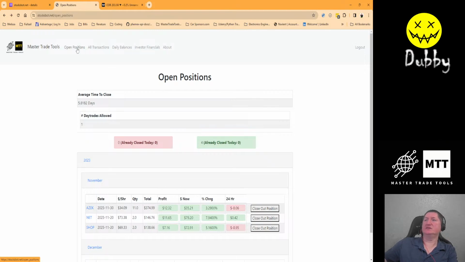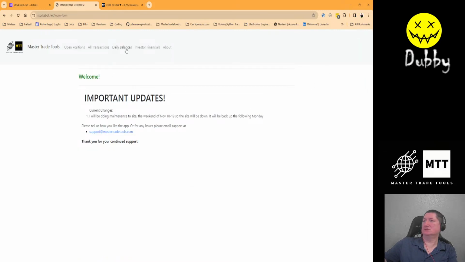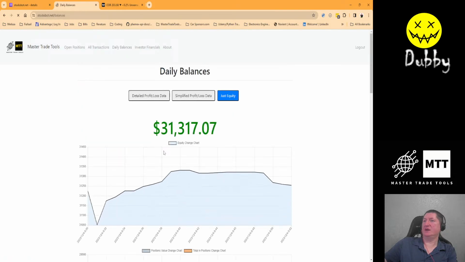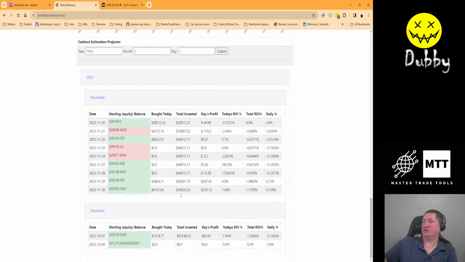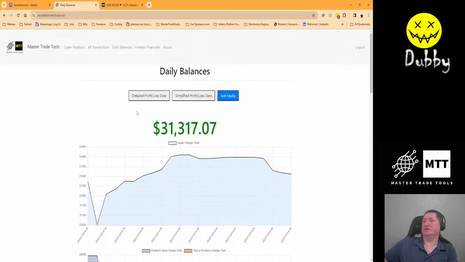Oh, I know why it's showing that, because it pulls the most recent balance entry, and everybody's balance entry is showing a current daily of 0 right now. So that's why it's showing 0. It's not true.